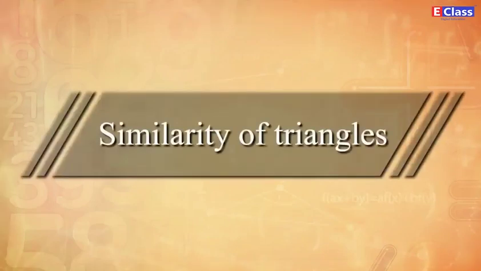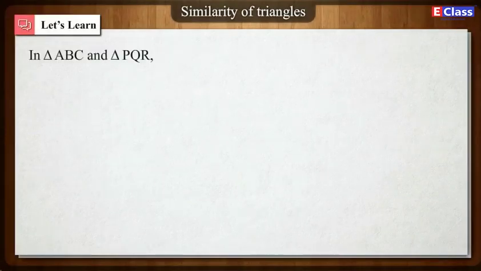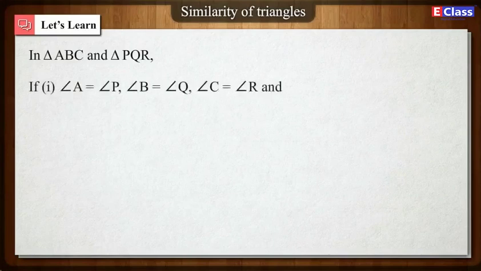Similarity of triangles. Let's learn. In triangle ABC and triangle PQR, if 1. Angle A is equal to angle P, angle B is equal to angle Q, angle C is equal to angle R, and 2.